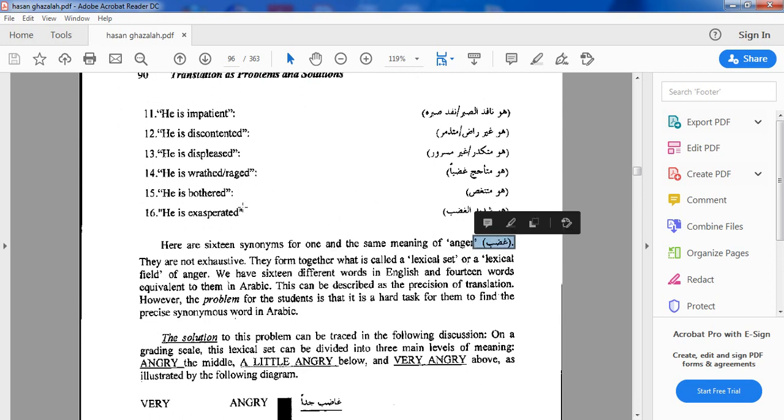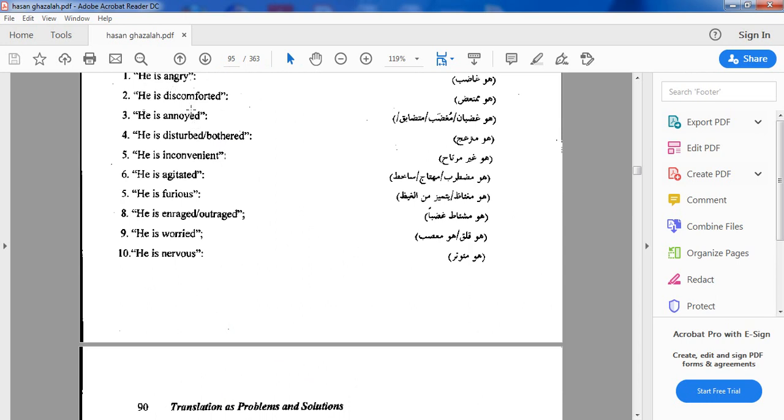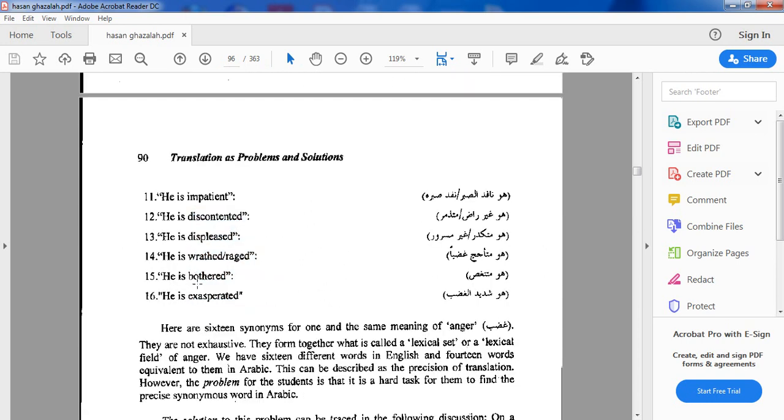So all those meanings, discomforted, angry, annoyed, disturbed, bothered, inconvenient, agitated, furious, etc., until bothered or exacerbated, all lead to the meaning of anger. All of these words have the meaning of anger.